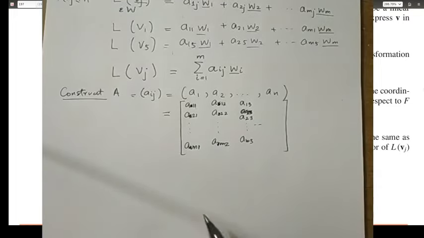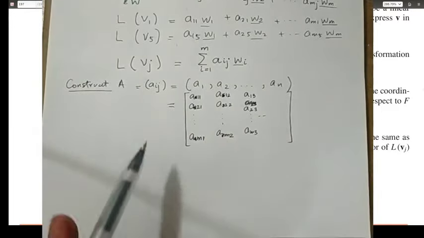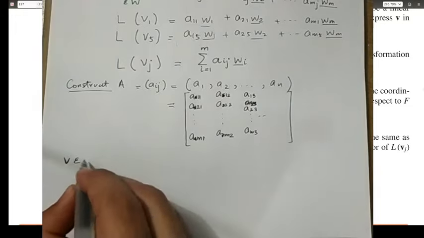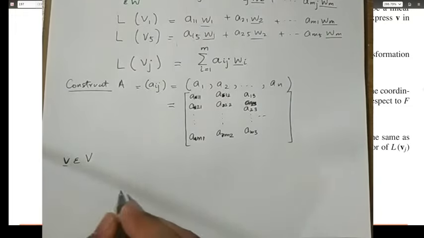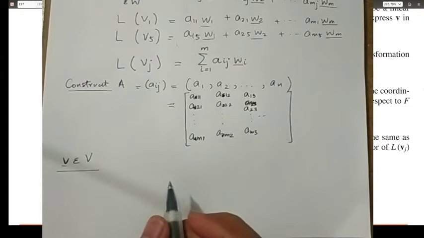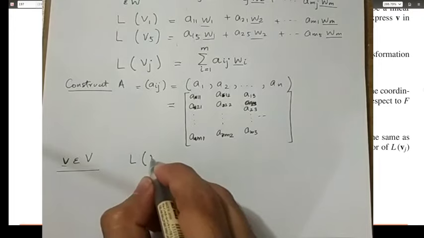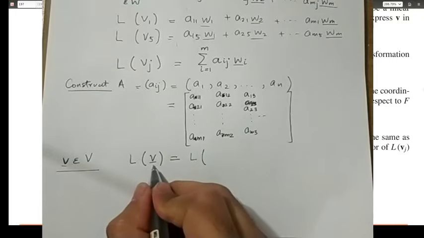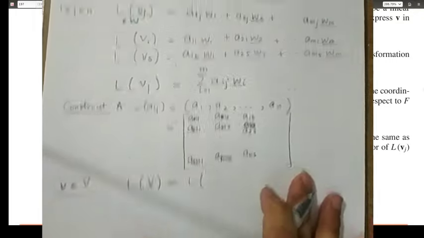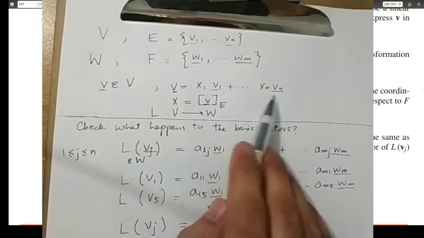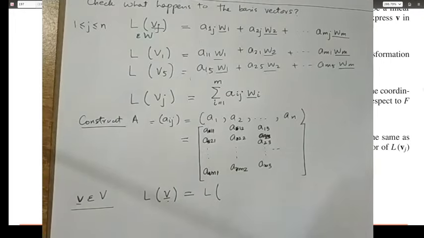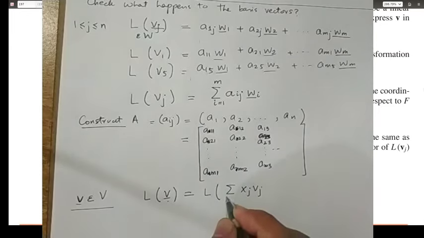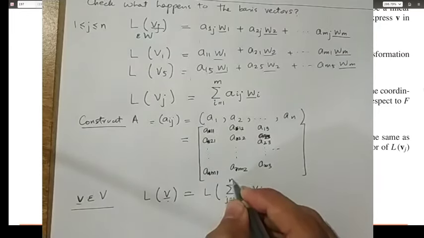And so let's check this out. Now, we're not interested in the coordinate basis vectors. We're interested in what happens to some general vector v in the vector space capital V. So if I want to find L of this vector, since I have a representation of this vector in terms of Vj's, I can simply write this down as L of summation xj Vj, j goes from 1 to n.